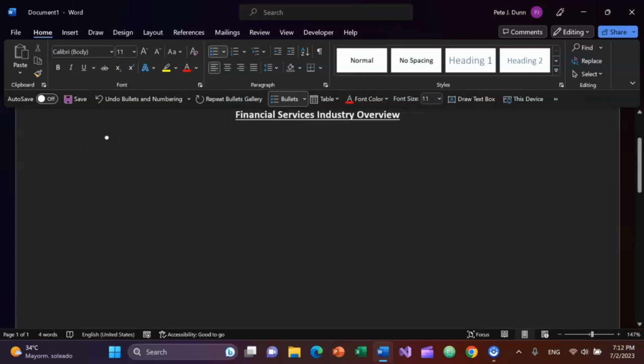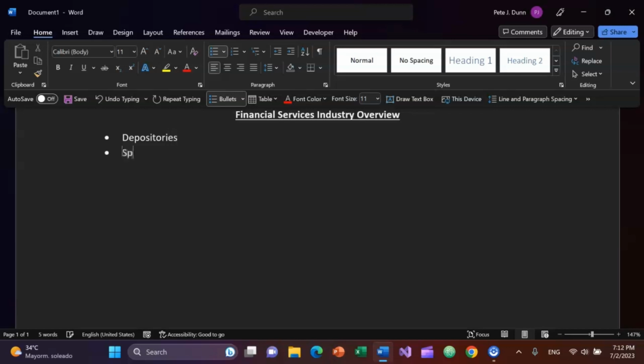Alright, so there's 4 key buckets for the financial services industry. Depositories, specialty finance, FinTam, which is fintech, and asset management, and then broker dealers and exchanges.